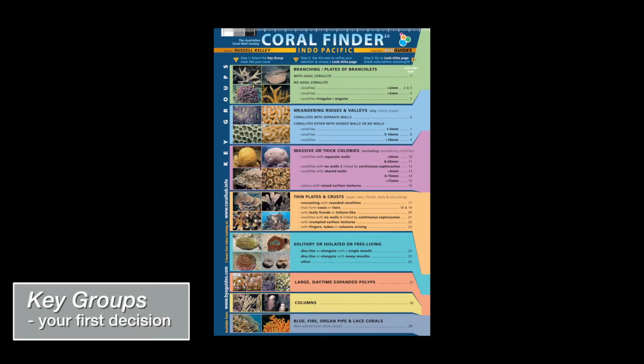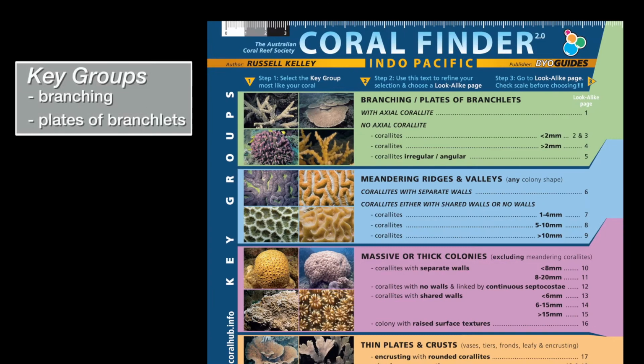So let's get started, and we'll teach you the tips and tricks for each key group along the way. Grab your Coral Finder and look at the first key group at the top of the page. In the coral world, branching corals can take on many forms with almost any texture.